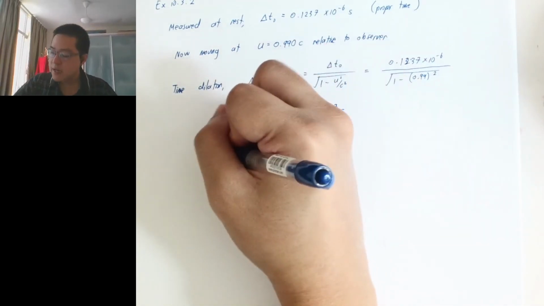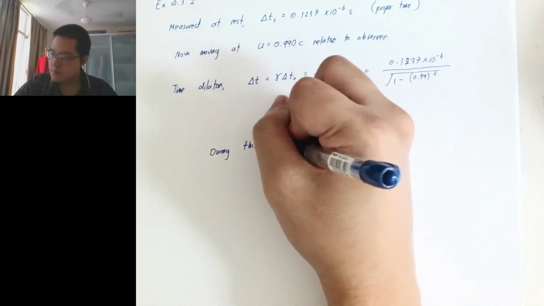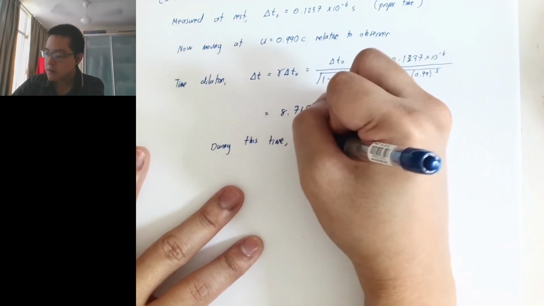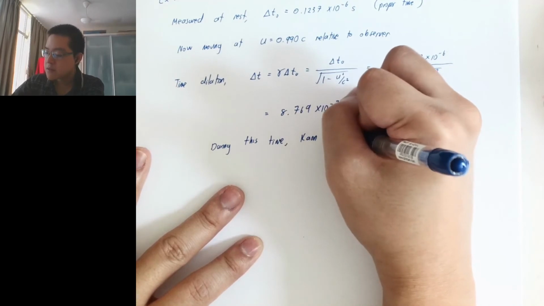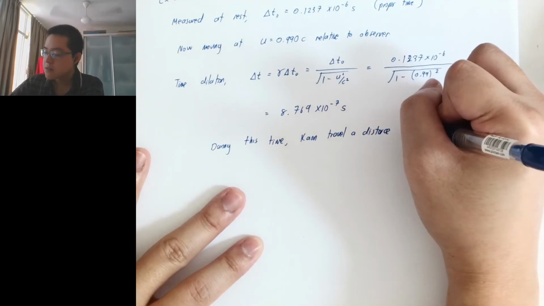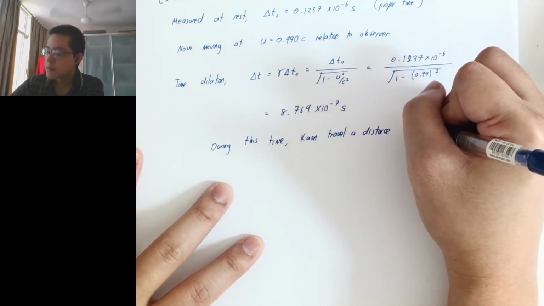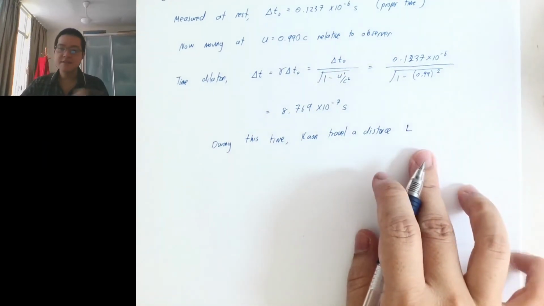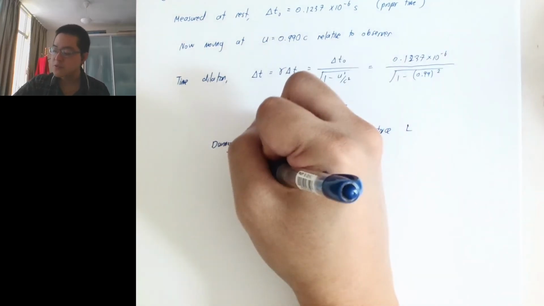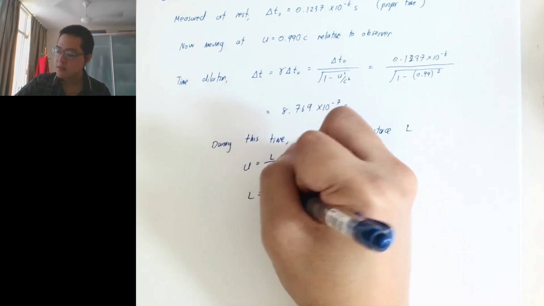So during this time, the kaon can travel a distance, let's just call this L. Because I know the speed and I know the time, the speed u is L over delta t, so L is u delta t.